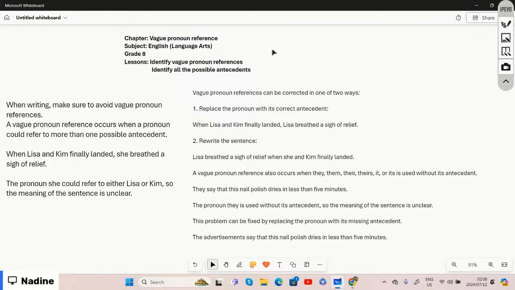They're actually saying that we need to try to avoid that. With vague pronoun references, we need to avoid pronouns that are not clear, indefinite or uncertain. When writing, we need to make sure to avoid these vague pronoun references.